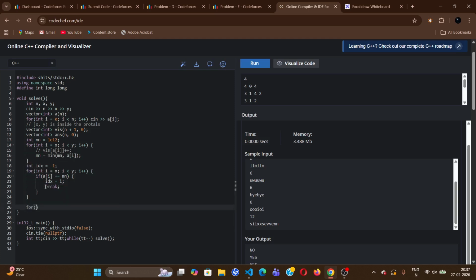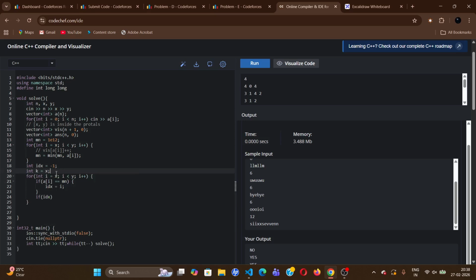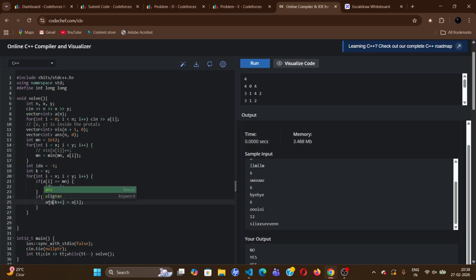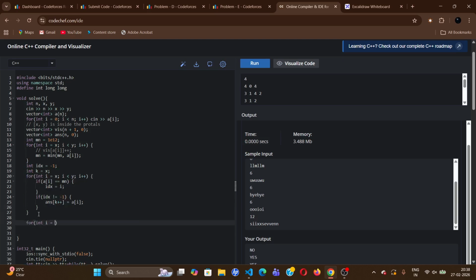Now answer of k plus plus, not, answer of k plus plus equals to a of i. Yeah. Perfect.